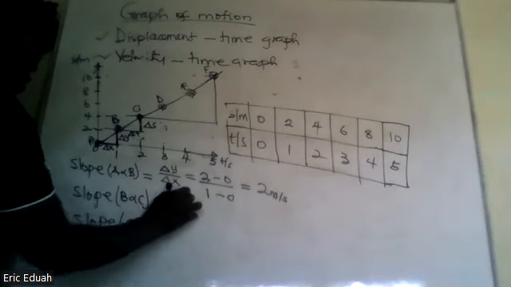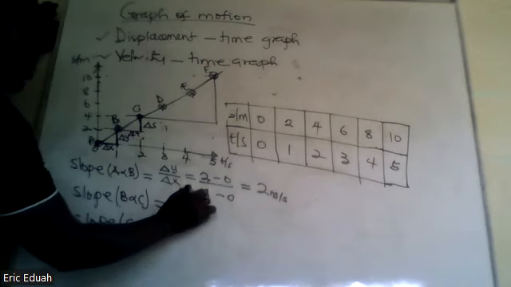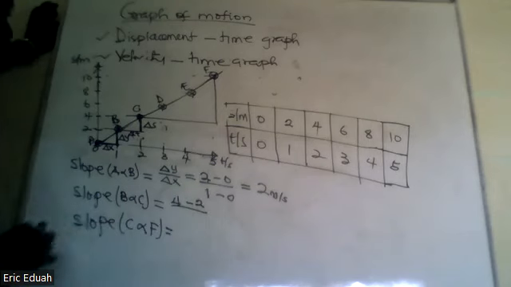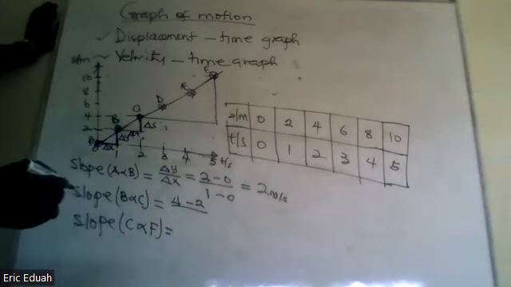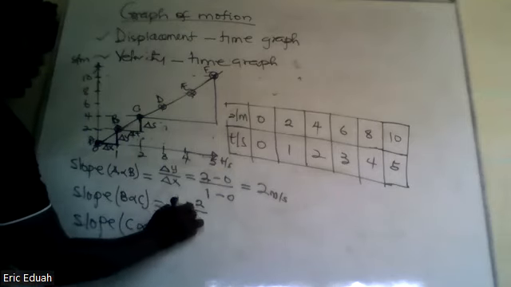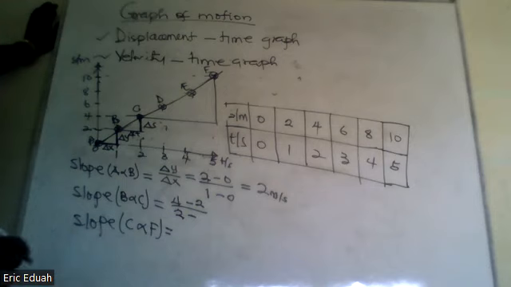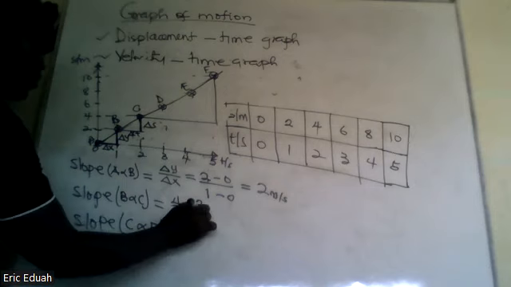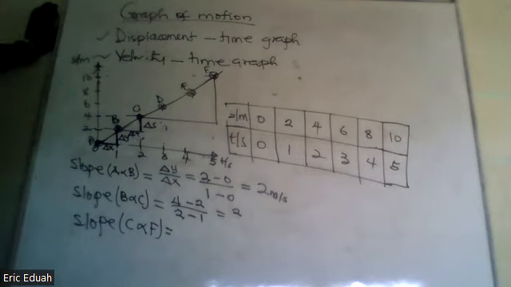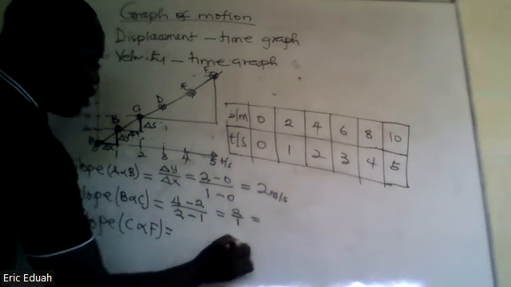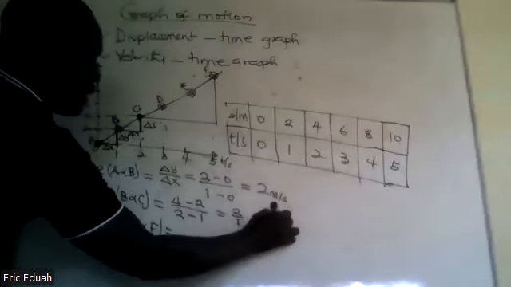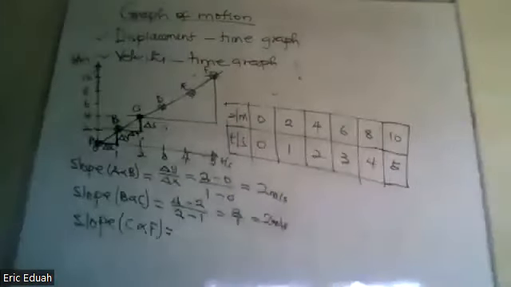So 4 minus Y1. Then T2 or X2, 2, and then X1. So 2 on 1, isn't it? And what is it? 2 meters per second.